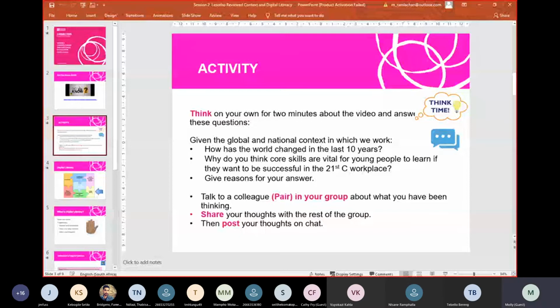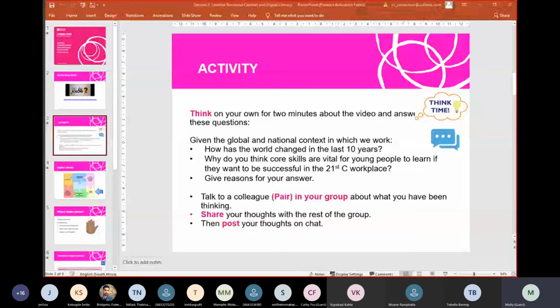How has the world changed in the last 10 years?